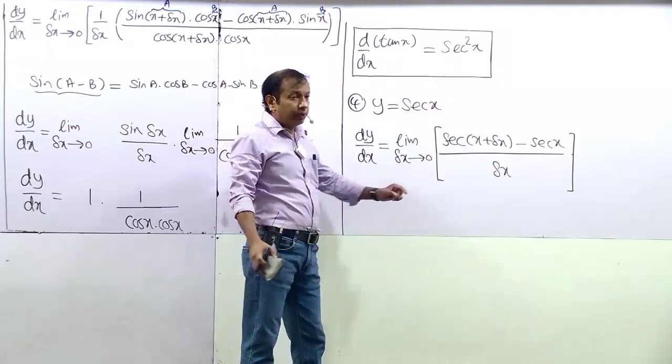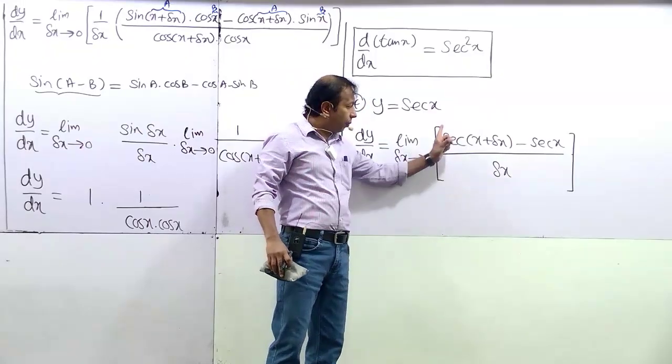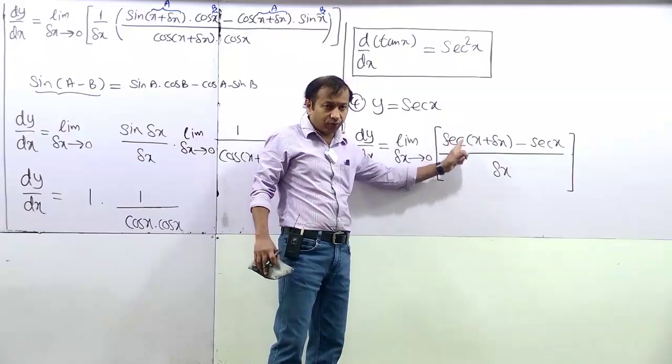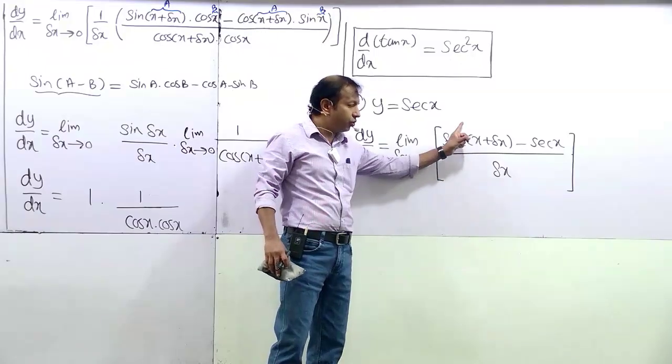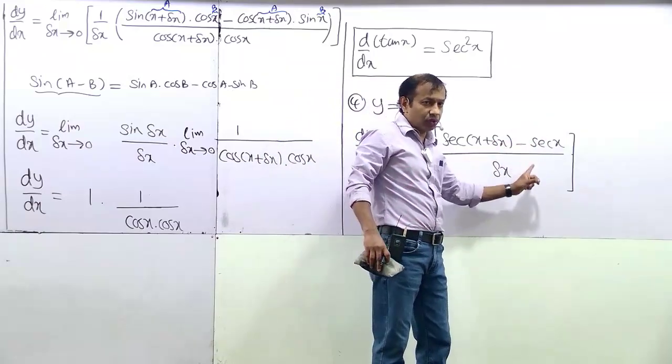Now, this we write as 1 over delta x, open a bracket, sec how to write? 1 over cos, no? Yes, write this as 1 over cos(x plus delta x) minus this sec x we write as 1 over cos x.